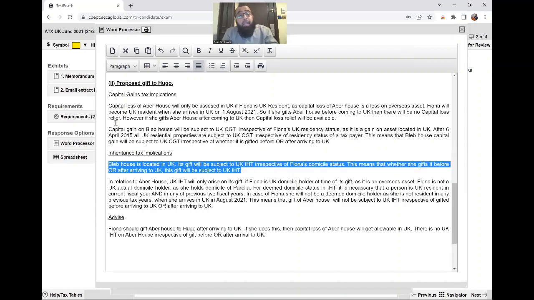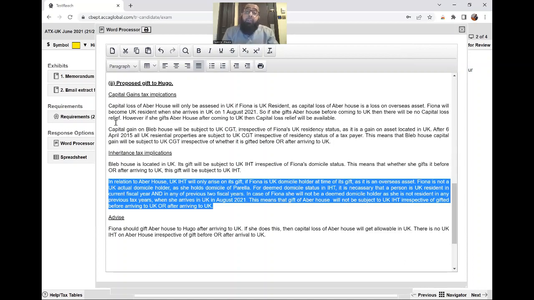For inheritance tax, a UK asset will be subject to UK IHT always. And for an overseas asset, in IHT, you need to be a UK domicile holder. Now, she doesn't have a UK domicile. She has actual domicile of Kerala. And she doesn't have deemed domicile of UK either, because she hasn't spent 2 years in the UK.